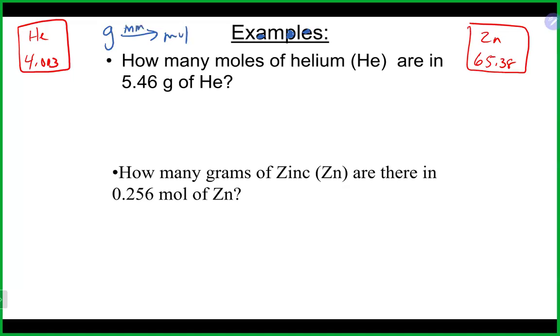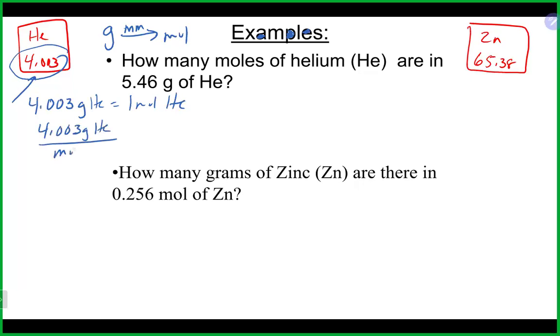Remember, it is the molar mass that's your conversion factor. You would go to the periodic table and grab the number underneath helium, which means there are 4.003 grams of helium in 1 mole of helium. That gives you two conversion factors that you can use.